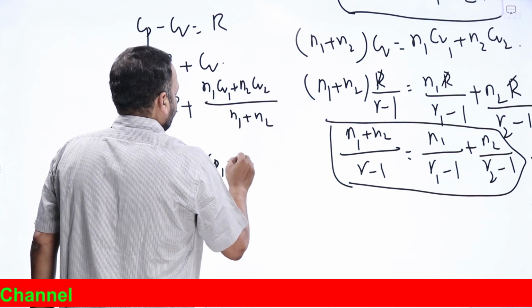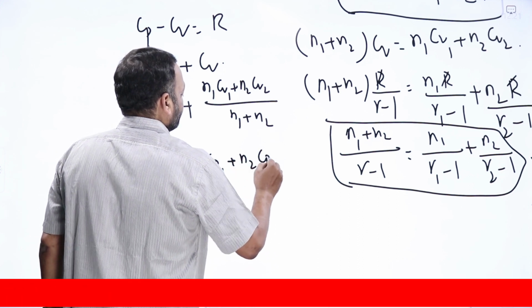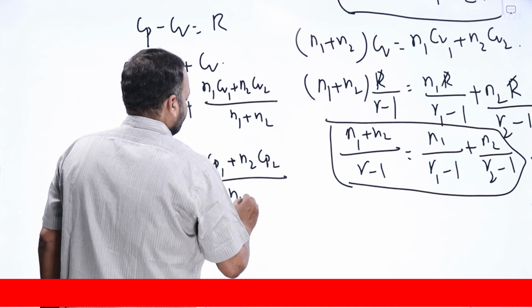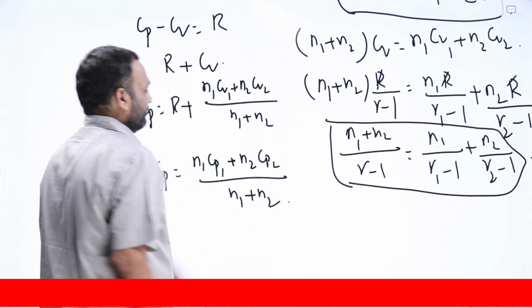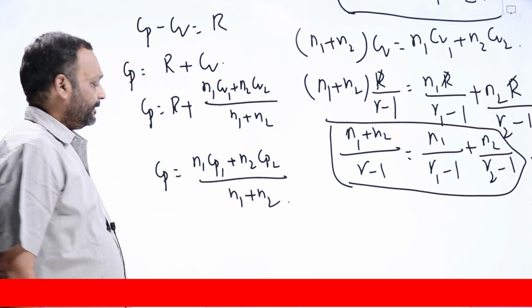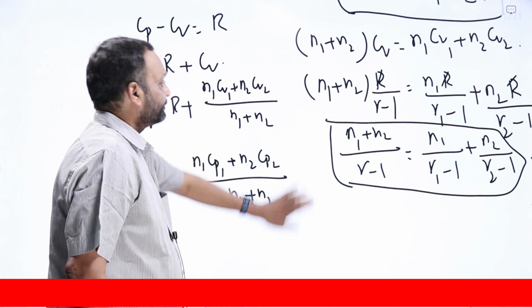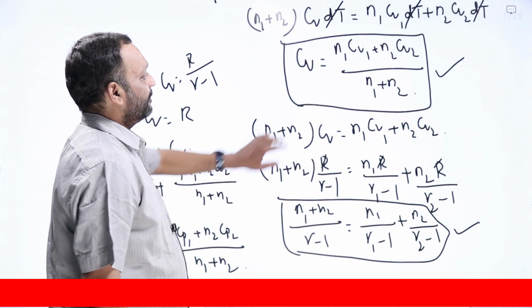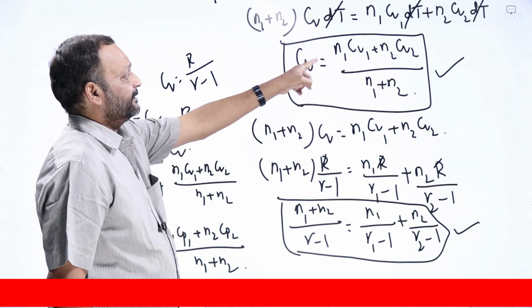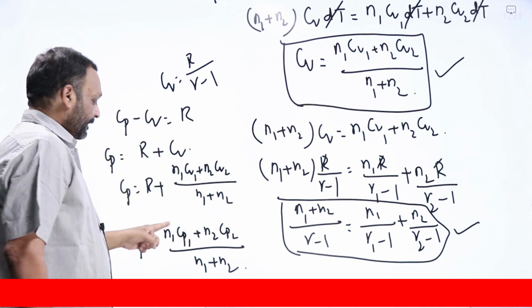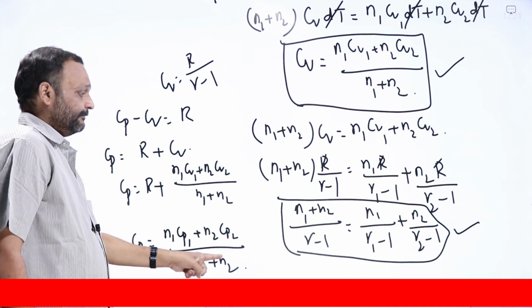Simplifying, we get (n1 Cp1 + n2 Cp2)/(n1 + n2). You can fill in one or two steps in between. So resultant Cp is this one, and resultant Cv is given by this formula: (n1 Cv1 + n2 Cv2)/(n1 + n2), and (n1 Cp1 + n2 Cp2)/(n1 + n2).